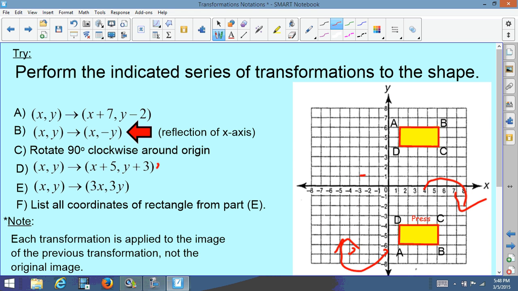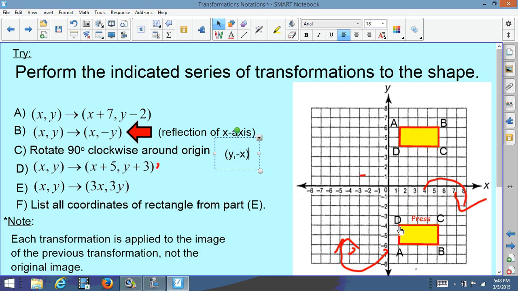If you remember the rule for rotation, I believe it is you switch the coordinates, and y would equal the first coordinate, and we negate the second coordinate. So we have to switch places with the coordinate and negate the second one because we're doing a clockwise rotation.